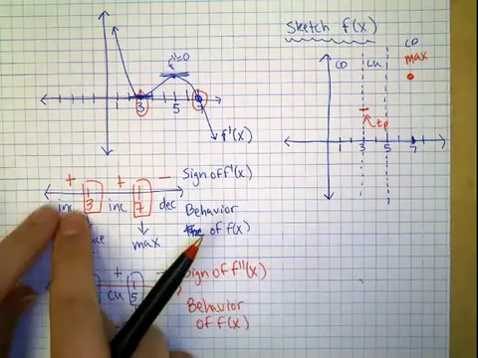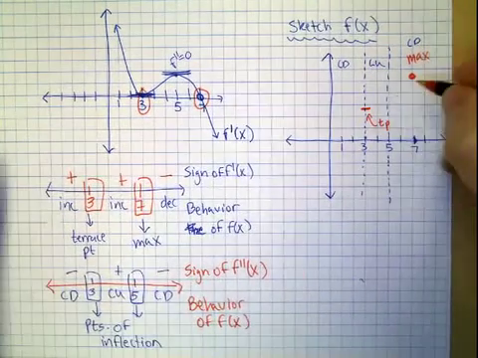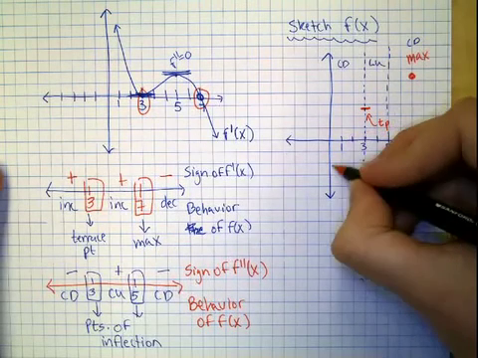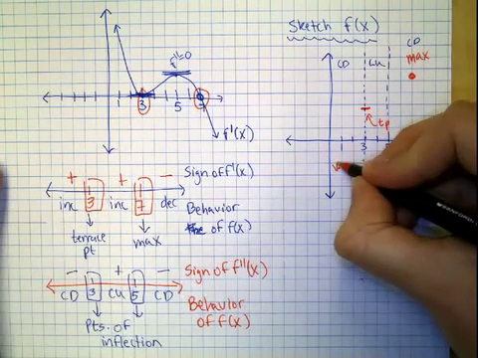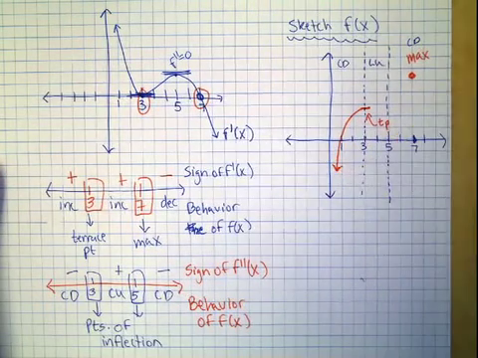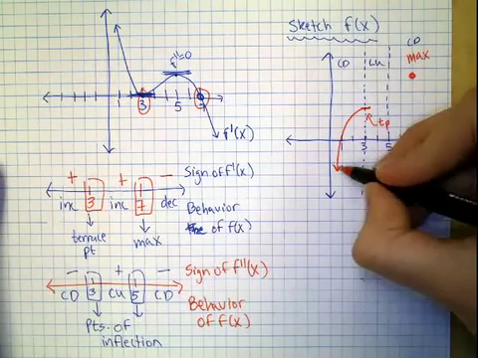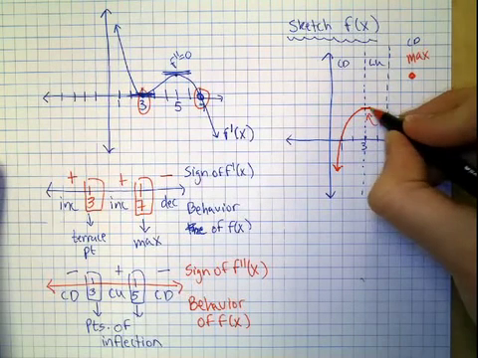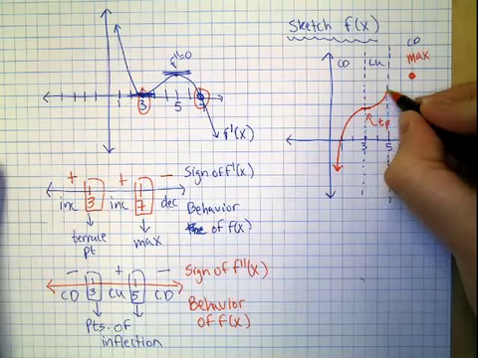So we're going to start increasing and concave down. So I don't really know where to start exactly, but concave down tells me that the shape looks something like this. So pick a starting point, draw an arrow, anywhere you want really. It's got to increase but be shaped down. Then it continues to increase. It hits the flat spot and it keeps going up, but the shape changes to concave up.